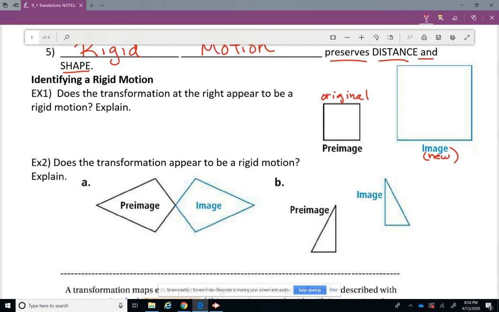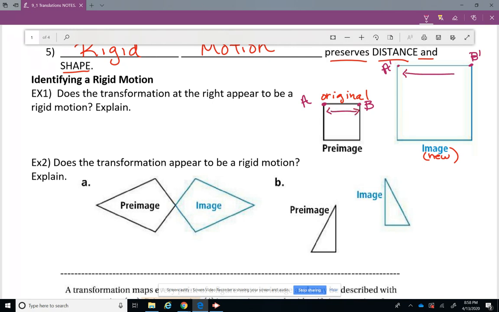So you might look at it and say, well, all the angles look like they're all 90 degrees. Okay, so angle measure is preserved. All right, how about distance? The distance between the points. So let me give you an example. If this was point A, and this is called A prime, meaning A moved to a different location, but this is point B. And if this is called B prime, look at the distance between them.